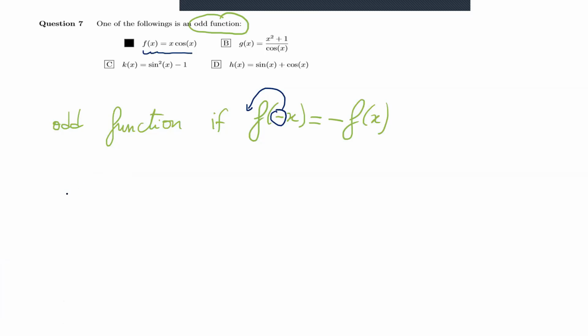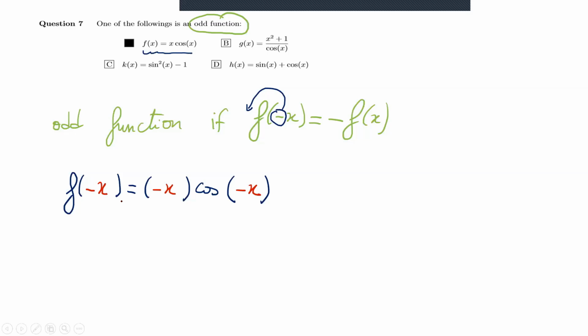First step, we write f and we replace the variable by parentheses. What shall we put in these parentheses? We put minus x instead of x.